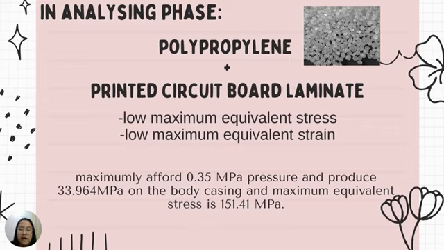In addition, PP can maximally afford 0.35 MPa pressure and produces 33.964 MPa on the body casing, and maximum equivalent stress is 151.41 MPa, which is located at the protective layer. In summary, the design of draft 3 with polypropylene as the body casing and PCB laminate FR4 as the protective layer will be the finalized decision for the casing of the ECG monitoring system.